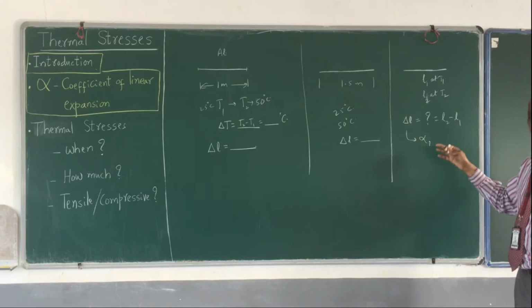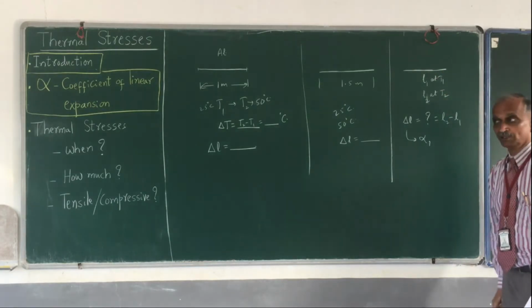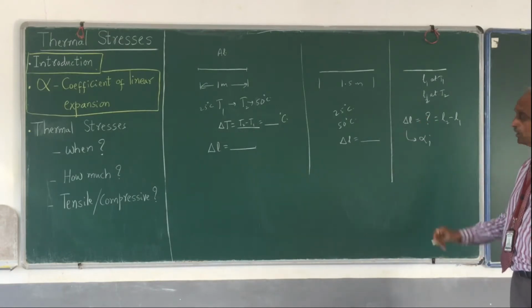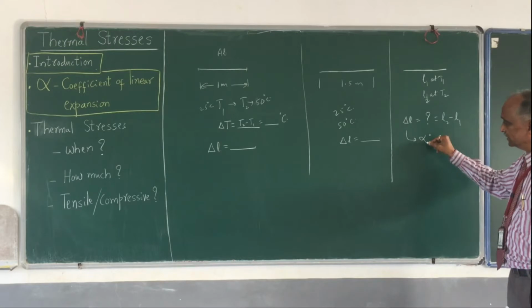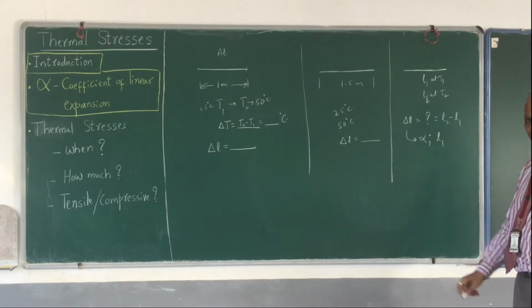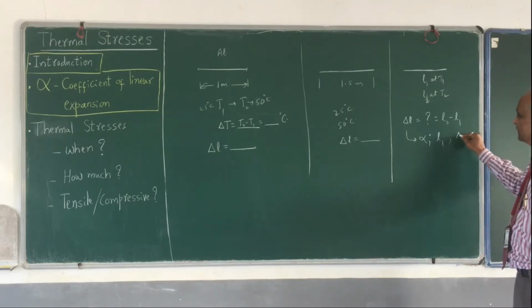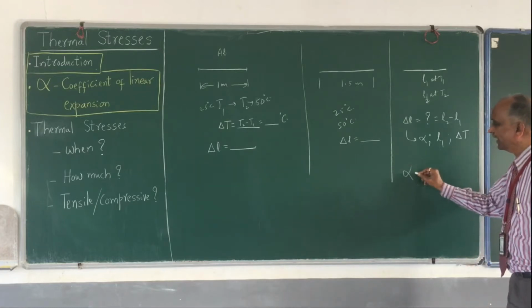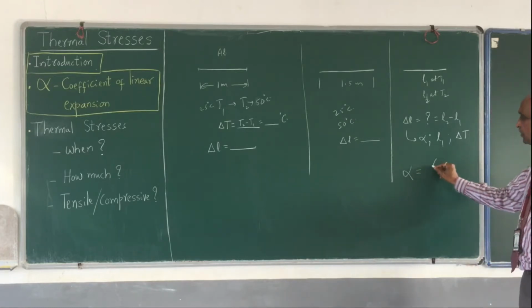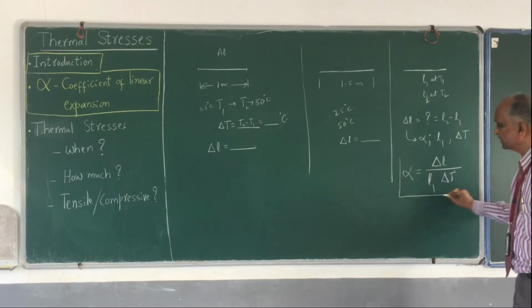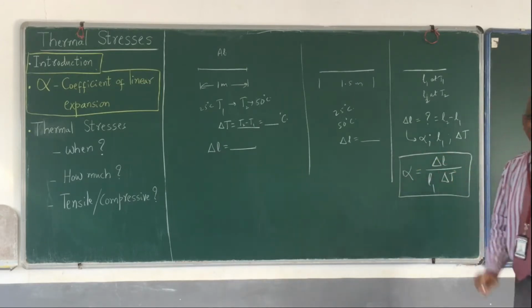So delta L depends upon the material, that is what is alpha. It depends on the initial length, and also on the change in the temperature. In other words, alpha is equal to delta L divided by L1 into delta T. The coefficient of linear expansion is defined like this.